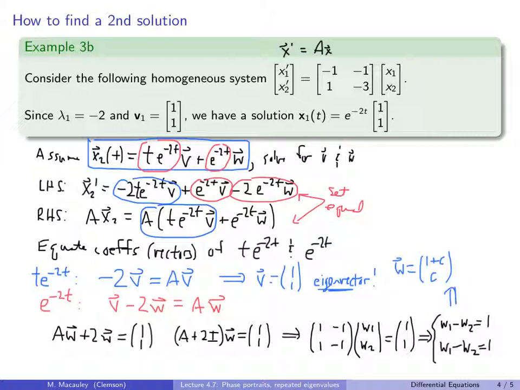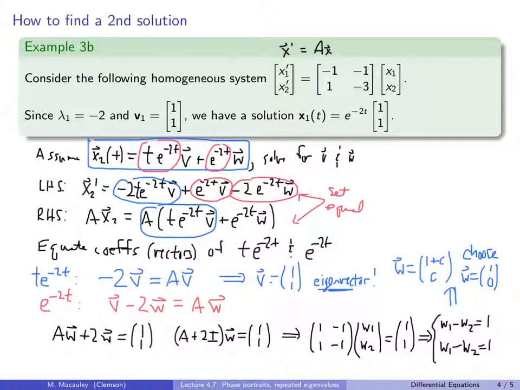So there's a whole family of solutions that could work for w. But we only need one of them. So let's pick the easiest possible one. Let's let c be 0. So let's choose w to be (1, 0), because I like things that have a lot of zeros in them.